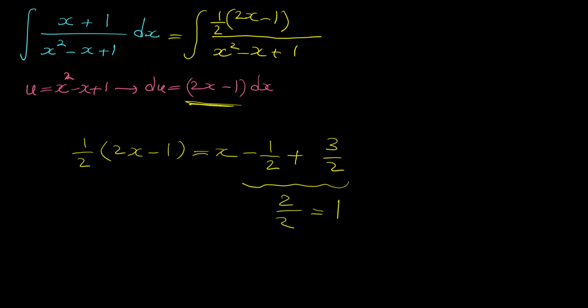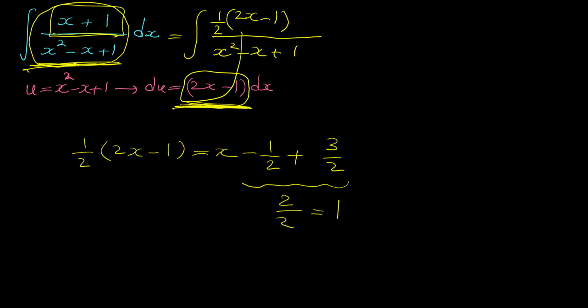Let me review the process again. When we looked at this question, we supposed the denominator is u, and the derivative of the denominator is 2x minus 1. We look for 2x minus 1 in the numerator, but we don't have it. We have something completely different. For that reason, we write 2x minus 1 in a bracket, and we put a proper coefficient outside that makes the x at least equal to the x that we had in the original question.